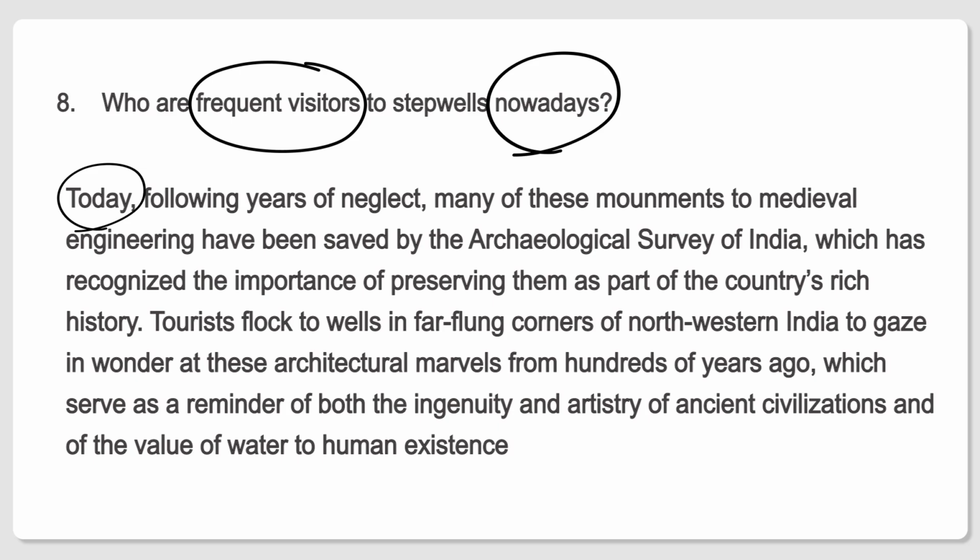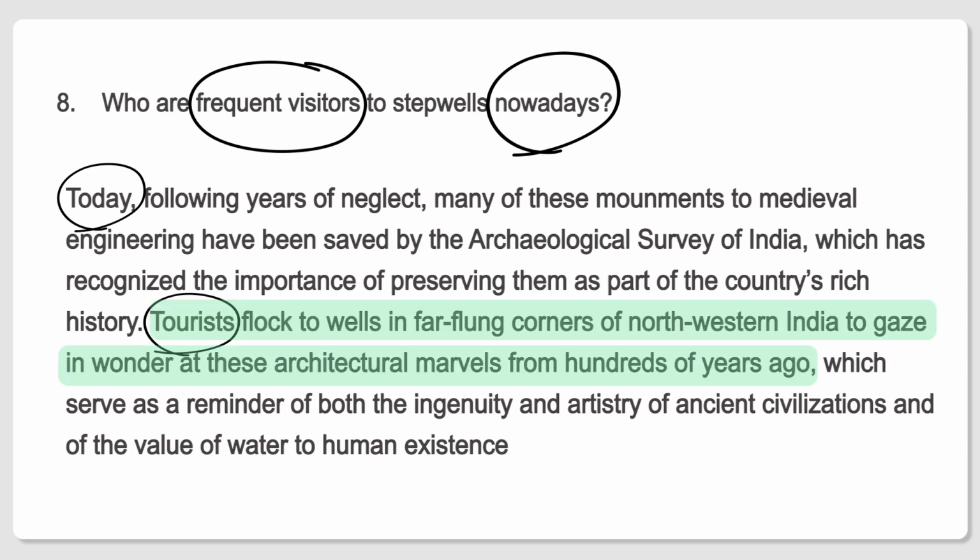Now, once we know that the answer is in this paragraph, we need to find other keywords here. Our other keywords are frequent visitors. In the middle of the paragraph we find tourists. By tourists, we know that they are visitors. Now we read that sentence very carefully.